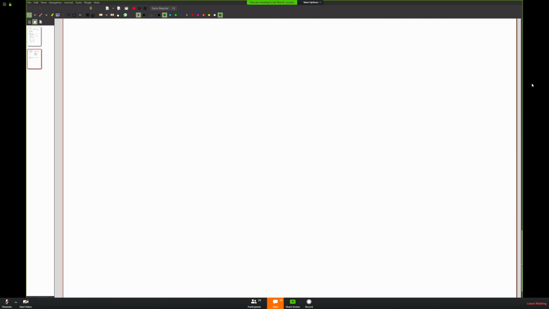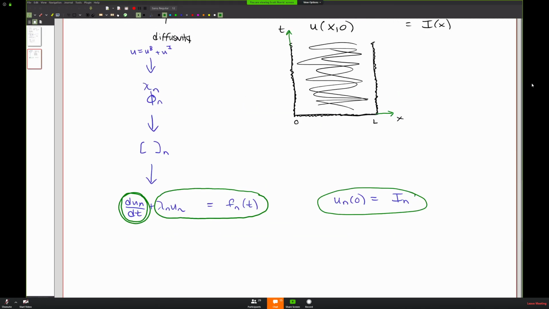Okay, and we did several examples. I think we did maybe 3 examples of this problem. And if you go back and look them over, what I encourage you to do more than anything else is to see how the structure of the solution of a diffusion equation looks exactly like the structure of the solution of a boundary value problem, with this one exception that you have to solve an ODE instead of an algebra problem.